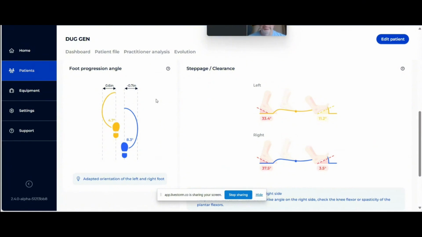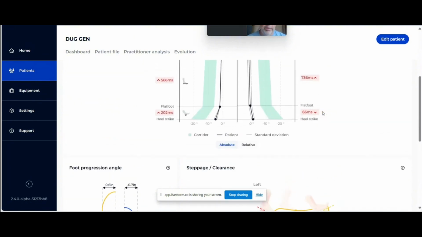In fact, he tends to break that midline. And we see that he has really high propulsion angles, and that's actually in an effort to get more knee flexion so he can hip flex and actually clear the ground. Okay. And when we look at his heel strike position, it's also relatively low.